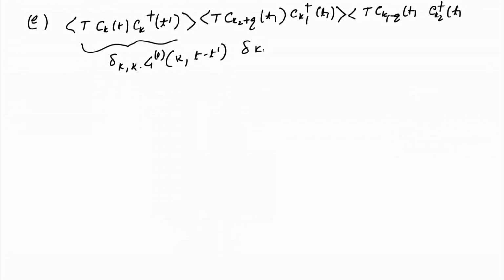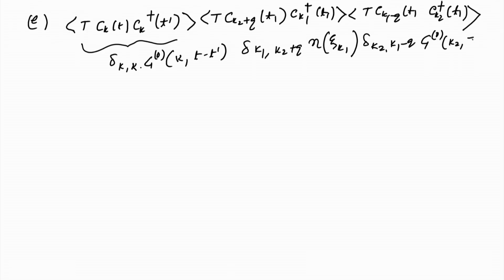Similarly, this will be k 1 to k 2 plus q, and again it will be like this k 1 and this will be like delta of k 1 or k 2, k 1 minus q and a G 0 and k 2, and this is at the same time.